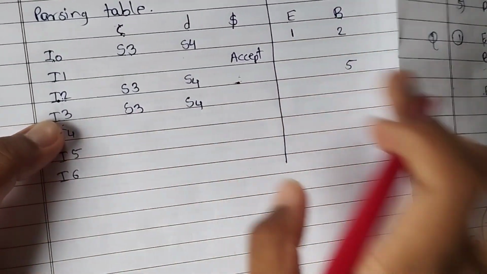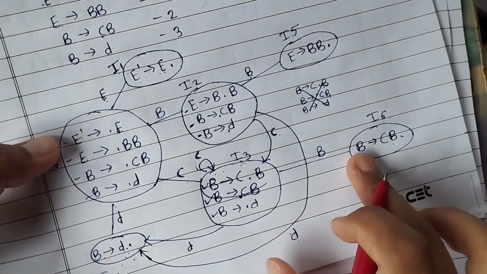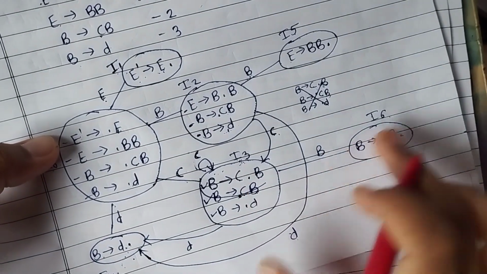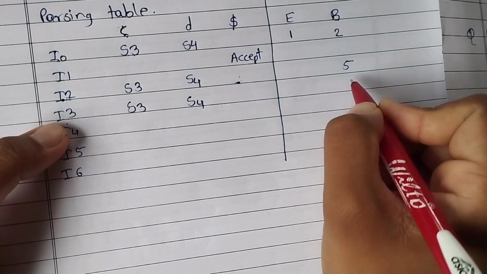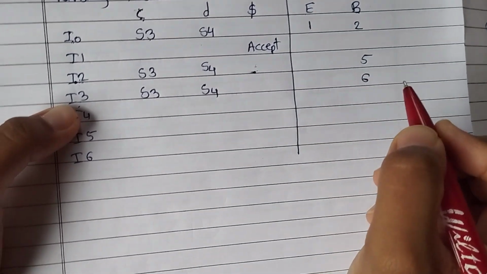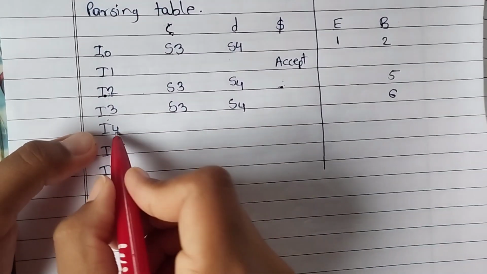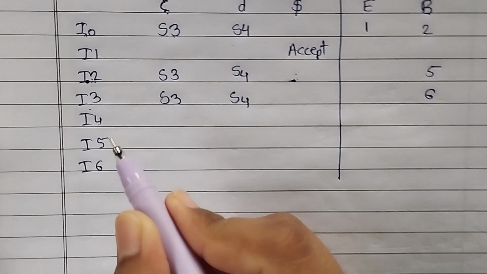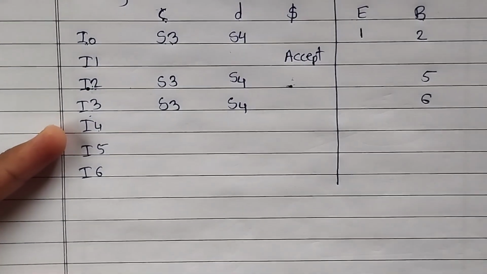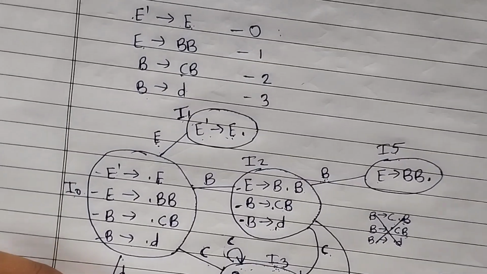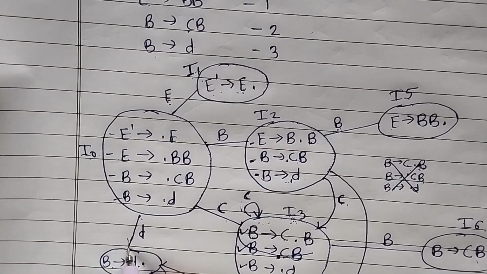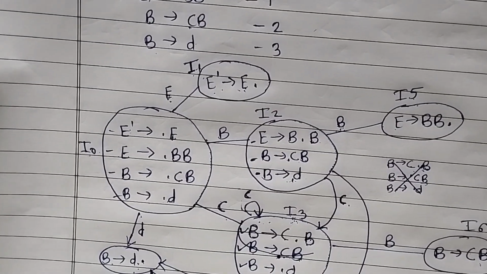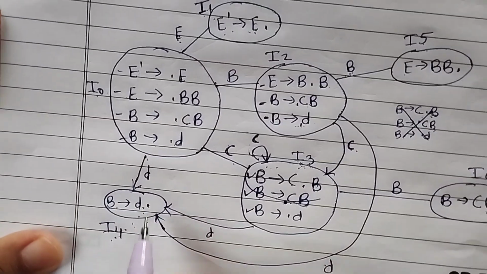Now I3 and B. I3 transfers B to I6, and I6 means I3 and B is 6. Now again I4. So I4 and opening bracket. So it is also an acceptance state. Nothing goes outside, it comes inside.